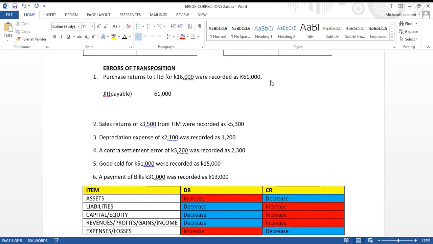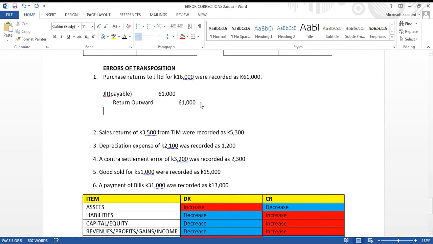Purchase returns, which is also called return outwards, which is a contra expense account, we're going to credit, return outwards 61,000. So this is the error that has been made. It's supposed to be 16,000, but it was recorded as 61,000.